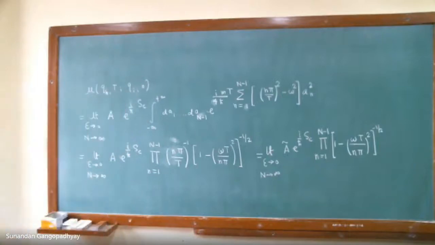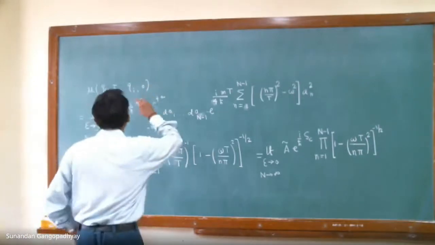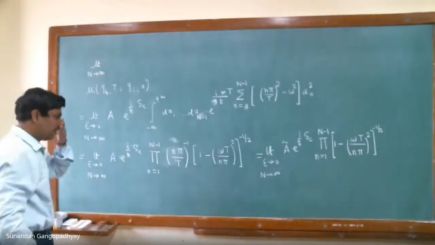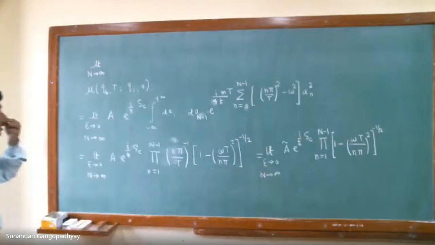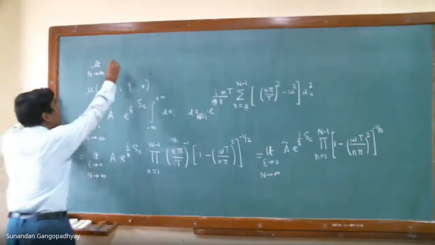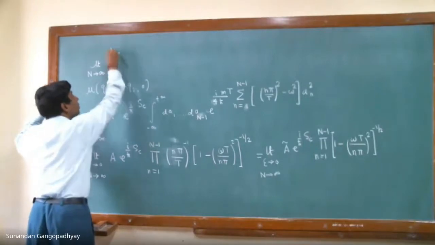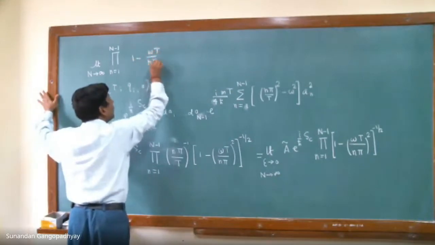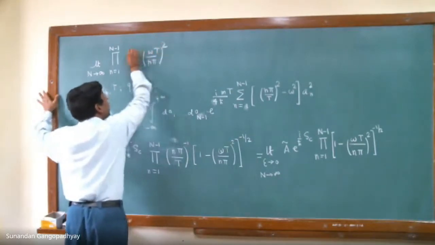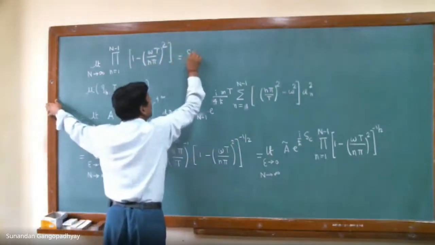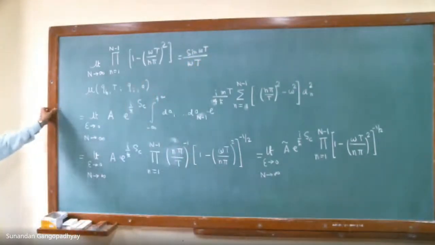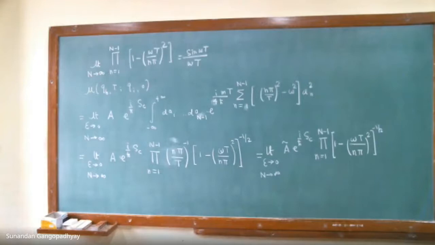Now we know that we have a very important identity here. The identity is the following: limit N tending to infinity. So we shall exploit this limit now. Limit N tending to infinity of this product, n equals 1 to capital N minus 1, of (1 minus (omega T by n pi) whole square), is basically sine omega T by omega T. So you have this result.